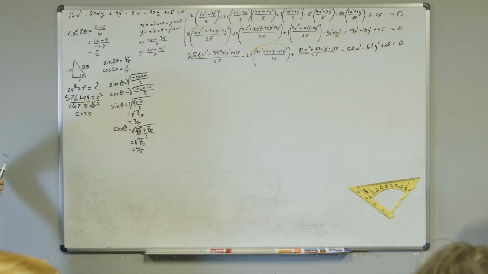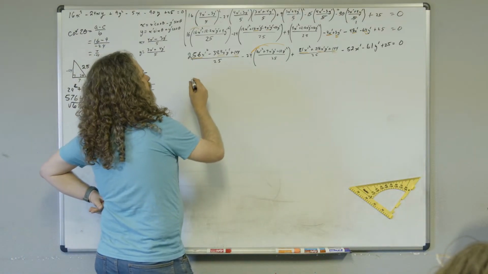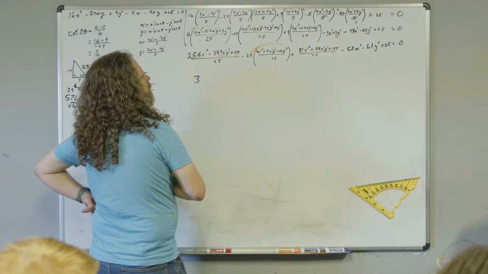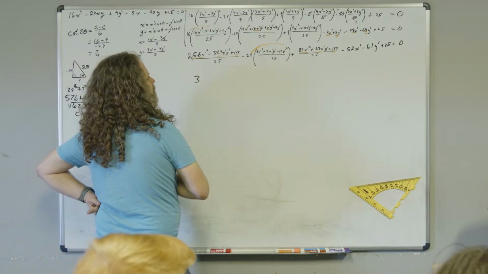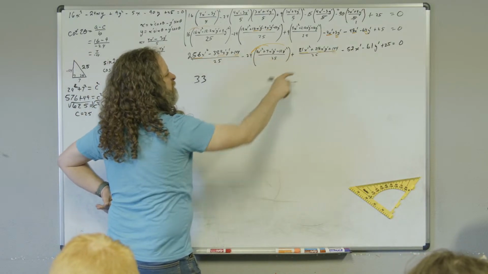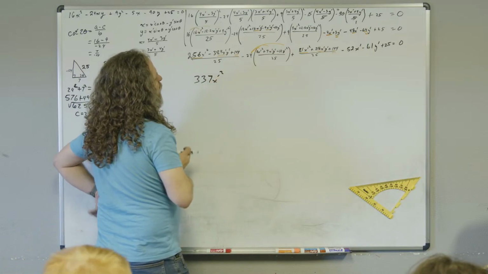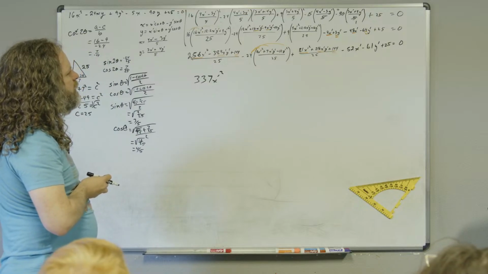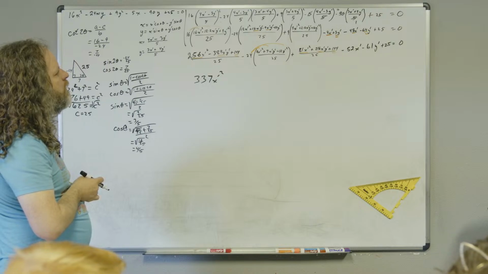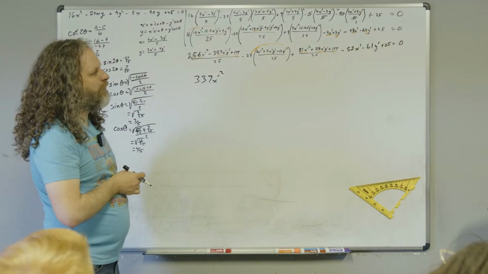All right, so 256 plus 81 is what? 300 and some odd. 337. Does that sound right? Yes. This one and this one. And then negative 384 plus 216 is negative 168.